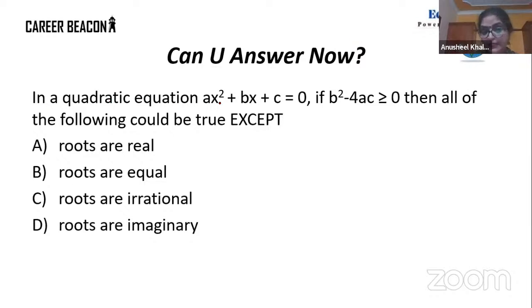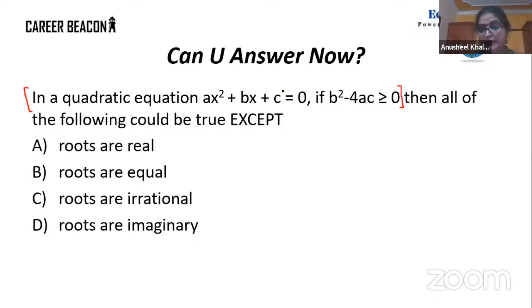So in a quadratic equation, ax squared plus bx plus c equal to 0, b square minus 4ac is greater than 0. This is exactly the same statement we had on the previous slide, right? And now we have the question: all of the following could be true except. The question that comes to our mind without reading the full question may not be what is actually asked.